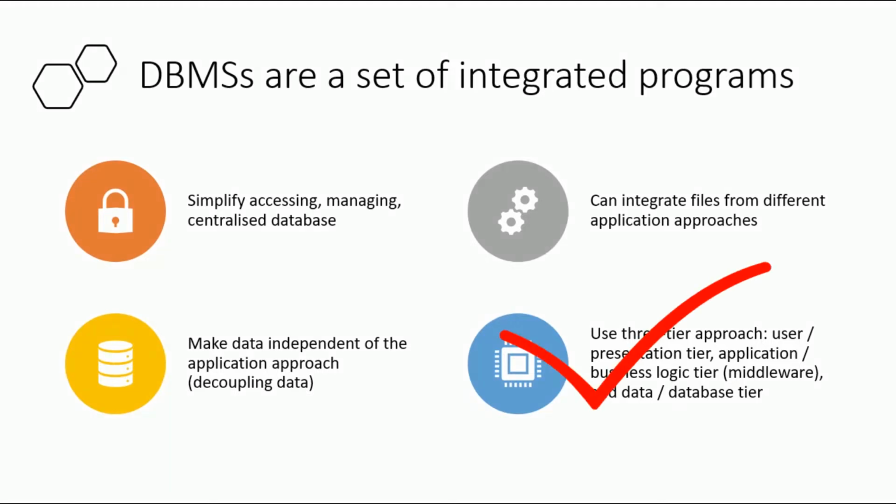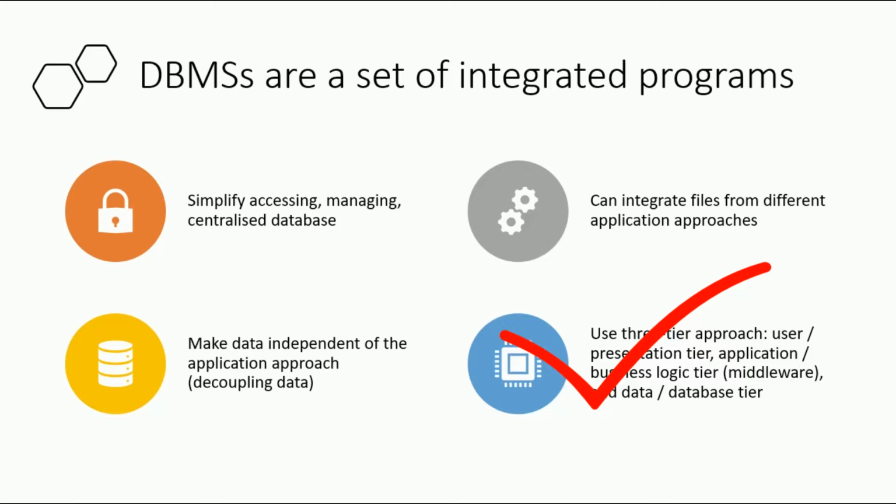Fourth, database management systems use a three-tier approach: the presentation tier, application tier, and the database tier. The presentation tier is the reporting tier, so it's independent of the application and the database.